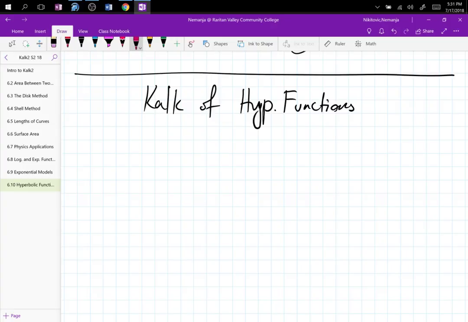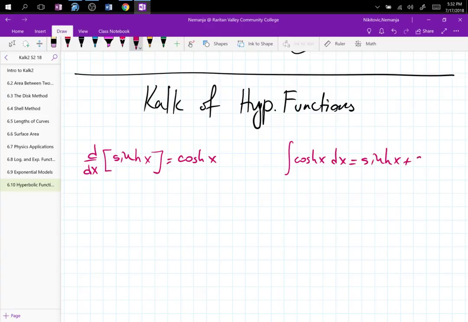So let's write these. We have the derivative of sine hyperbolic x is cosine hyperbolic x, which means that the integral of cosine hyperbolic x dx is sine hyperbolic x plus c.